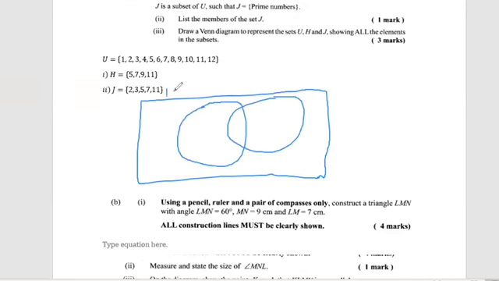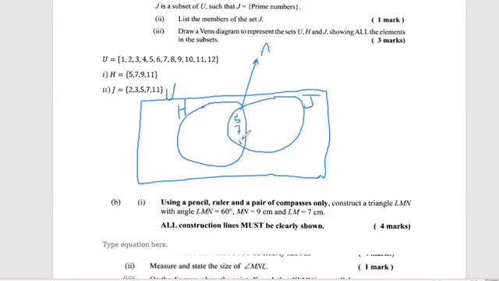So we have our union here. We have the H subset, and we have the J subset. And what would go here, which is our intersection? 5, 7, and 11.